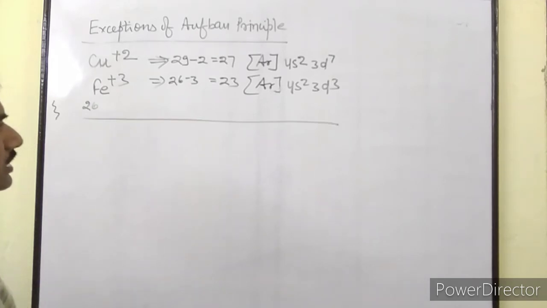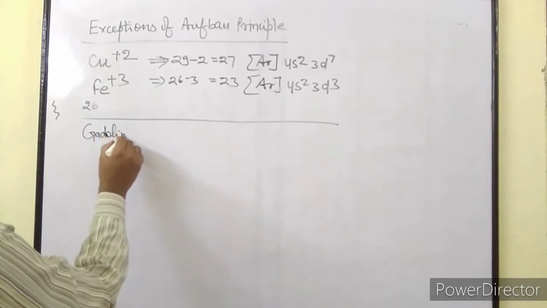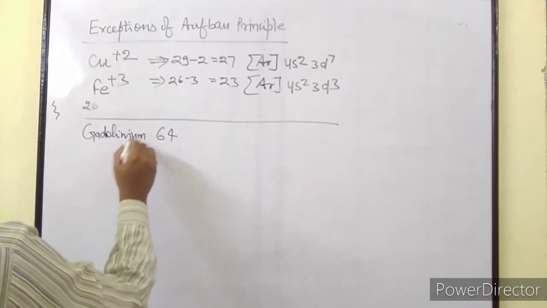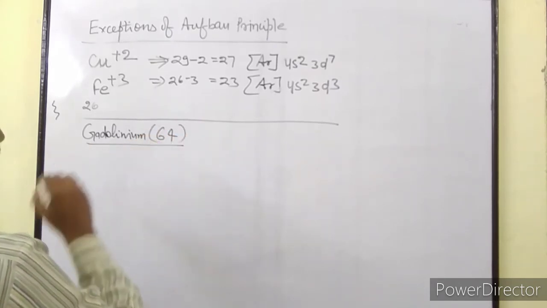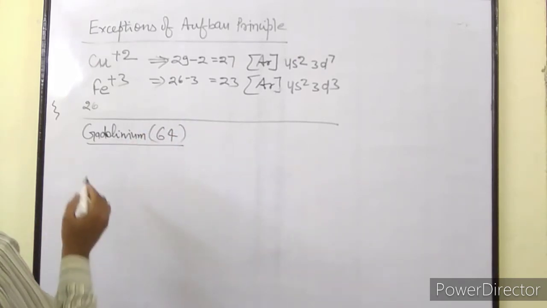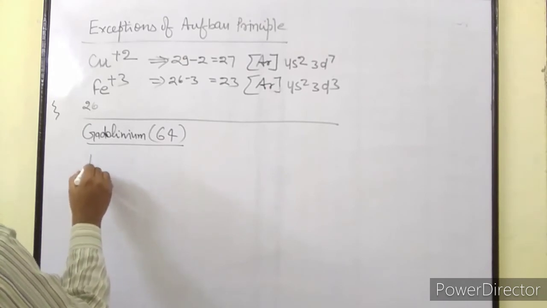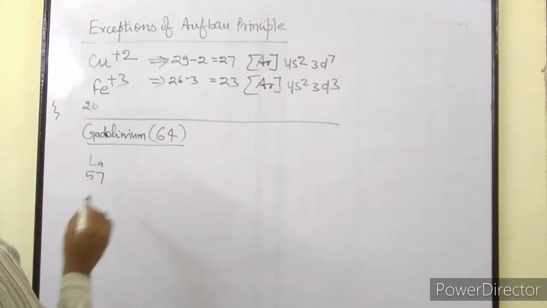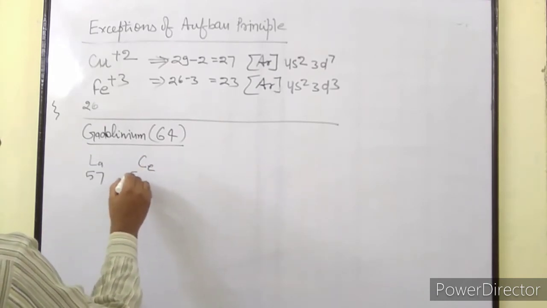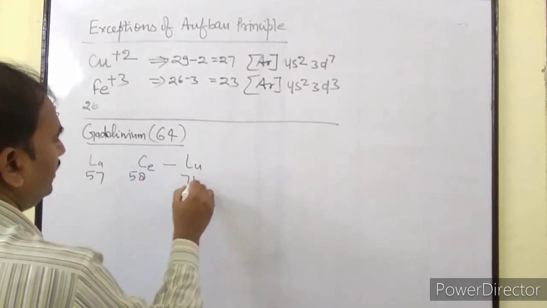One more important example is gadolinium 64. Gadolinium atomic number 64. We have to find out the electronic configuration of this element. So we know very well that after lanthanum 57 there are cerium 58 to lutetium 71.